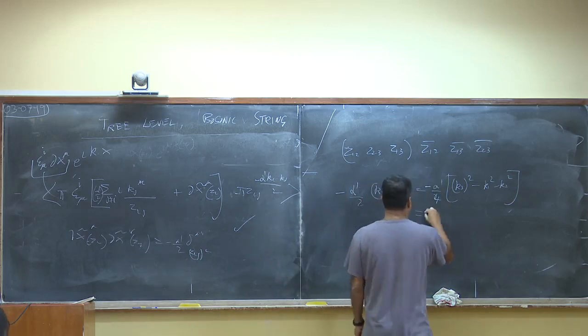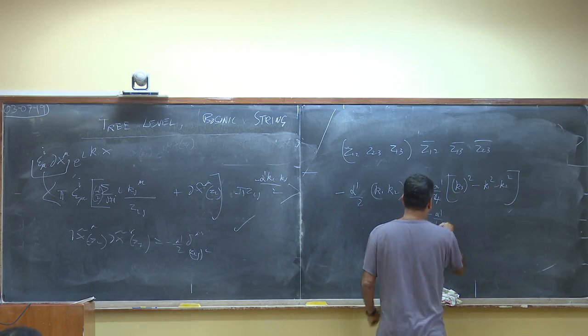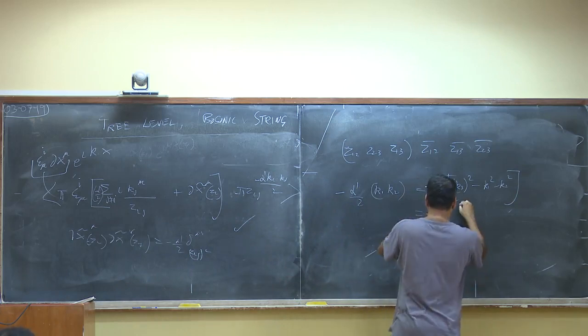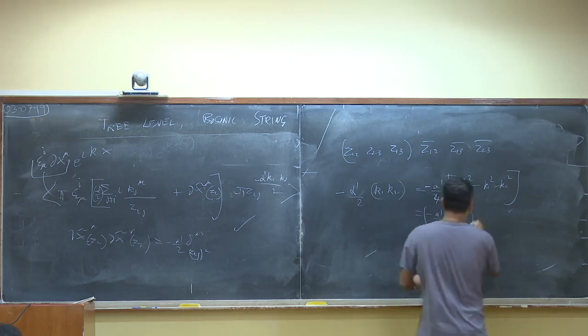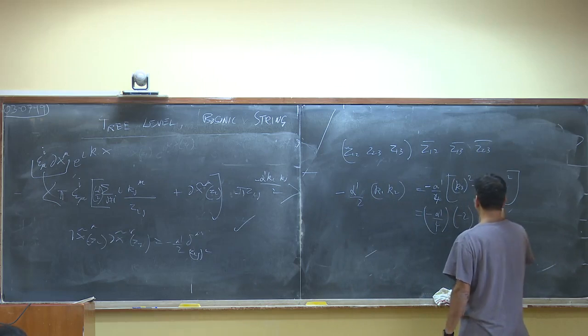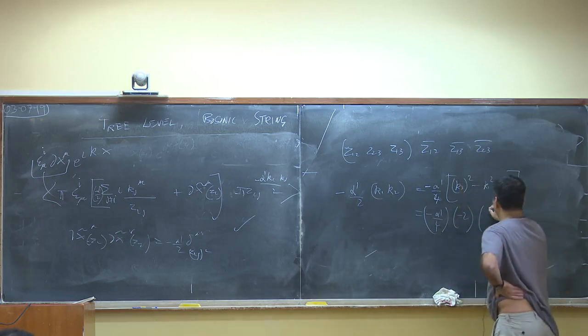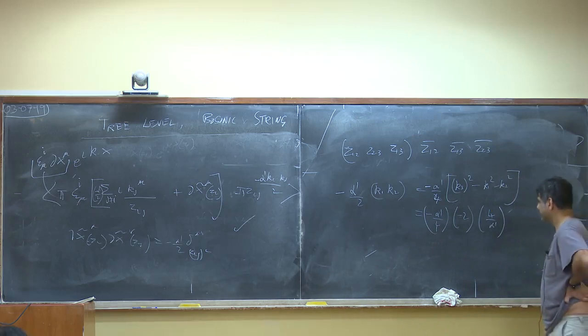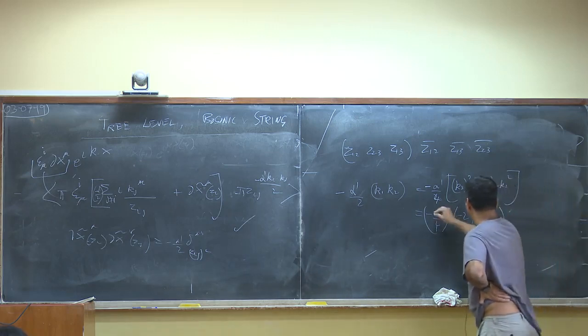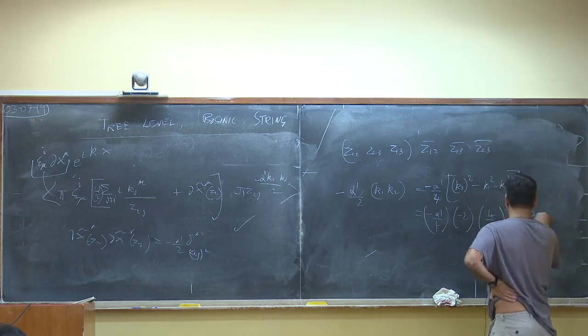Which is minus alpha prime by 4 into minus 2 into 4 by alpha prime. Right? So that is equal to 2.